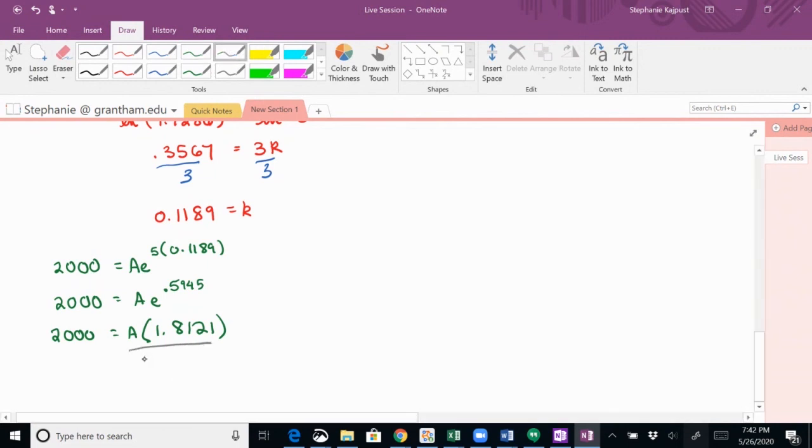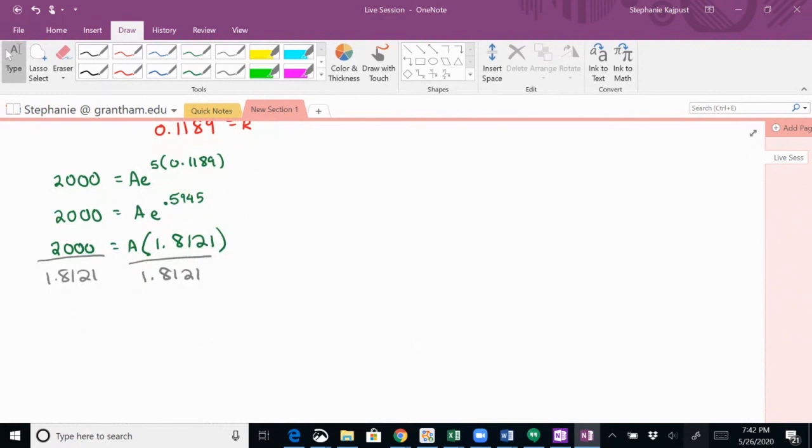So I'm going to divide both sides by 1.8121. And we get 1103.69 equals a.